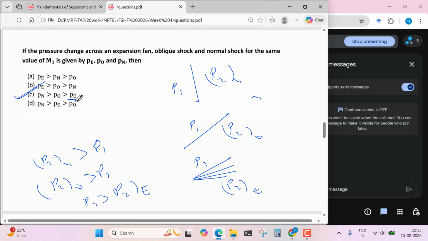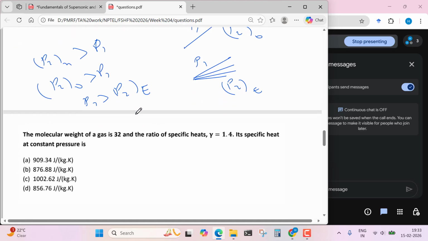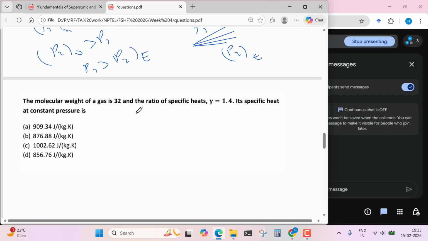Second, the pressure downstream of the normal shock will be greater than the pressure for the oblique shock for the same condition, so the change in pressure will also be greater for the normal shock case. That's why PN is greater than PO is greater than PE.